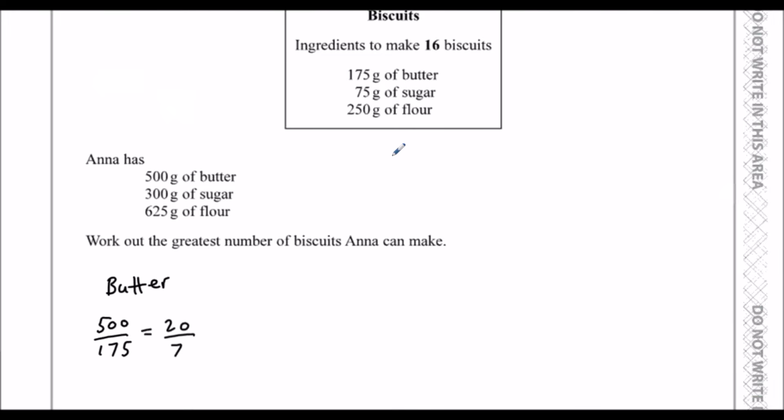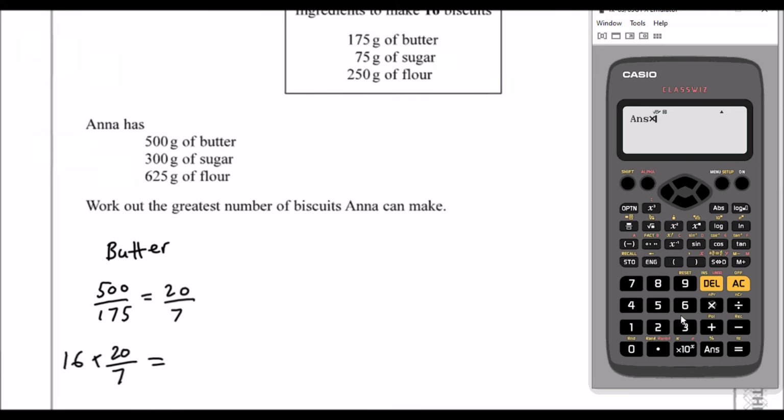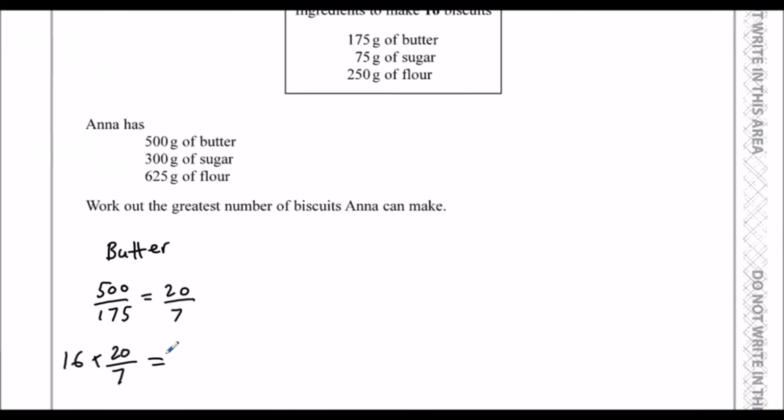So she can make 2.8 times as many. So 16 times 20 over 7. So times it by 16 is, well, 45 biscuits. So she's got enough butter to make 45 biscuits.